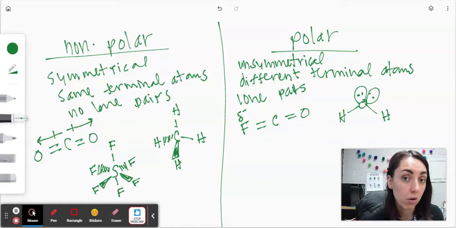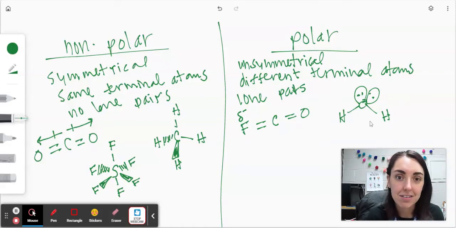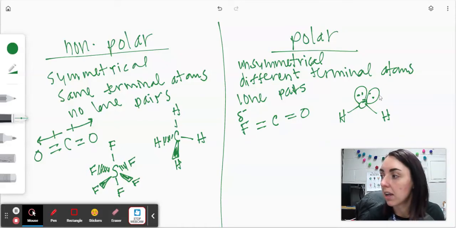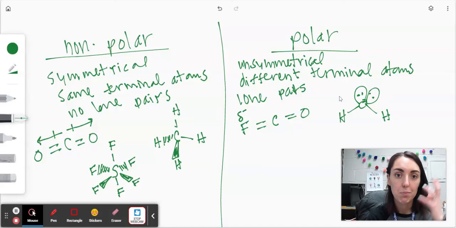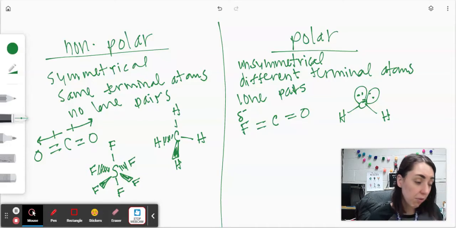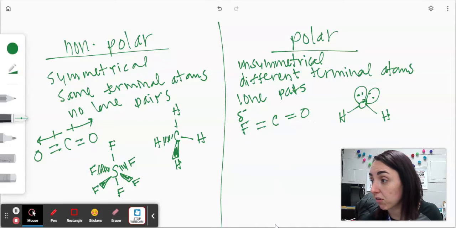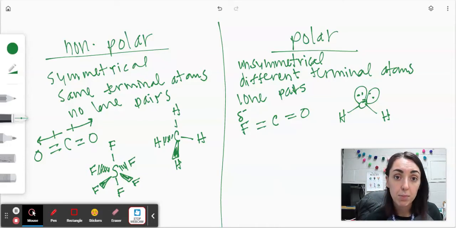Oxygen is more electronegative than hydrogen, pulling those electrons towards itself, and it's not getting canceled out by anything on the other side because it's not a symmetrical geometry. So that bent geometry is polar, which actually gives water a lot of the properties it has. It makes it a really special molecule. Anything that has lone pairs and makes an unsymmetrical or asymmetrical shape is going to be polar.